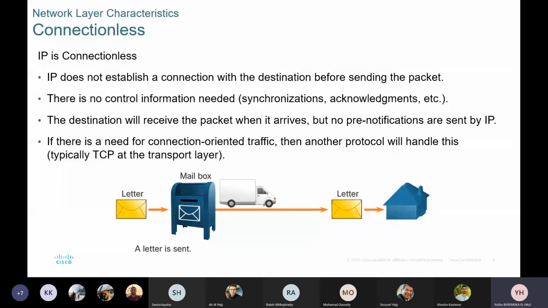Connectionless means that when this protocol is used, the end devices do not make a connection in advance to start the session. They actually send their packets without knowing whether these packets will reach the destination, or whether they will be lost somewhere. This means that IP is connectionless.